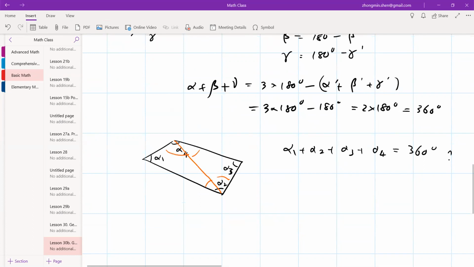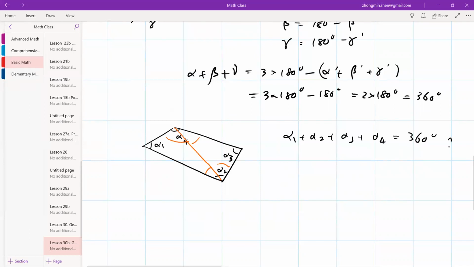Maybe it's obvious, right? So the sum of the 4 interior angles is going to be the sum of the 2 sums of the interior angles in the triangles. So that's why it's going to be 180 multiplied by 2.